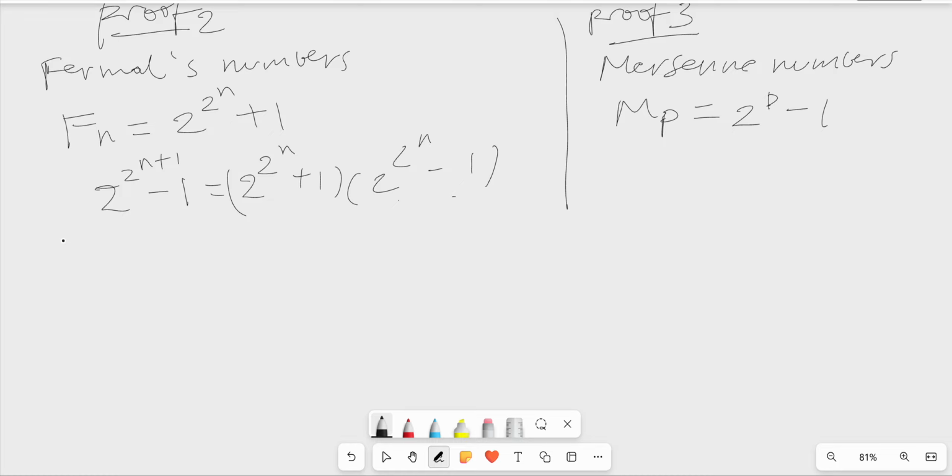We notice that f of n plus 1 minus 2 is equal to the product of f_i, where i runs from 0 to n.